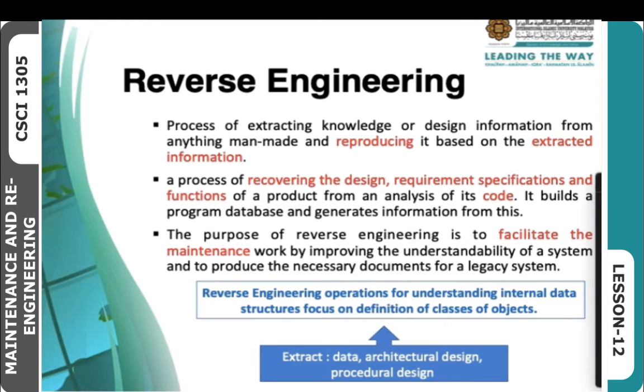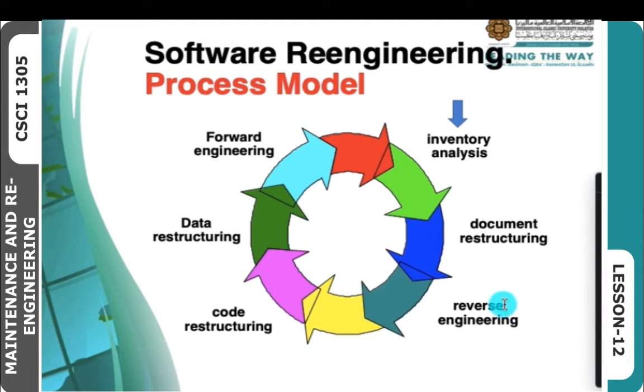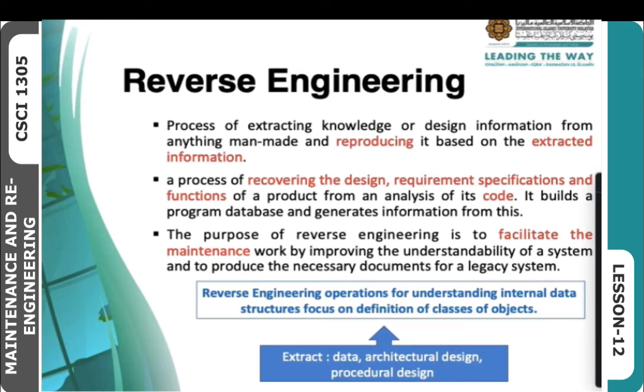Then we will see reverse engineering. Okay, so in the software engineering process model we have reverse engineering. What is reverse engineering? Reverse engineering is a process of extracting knowledge or design information from anything man-made and reproducing it based on the extracted information. It is a process of recovering the design, requirement specification, and function of a product from an analysis of its code.